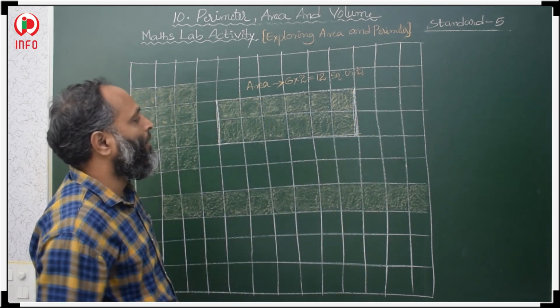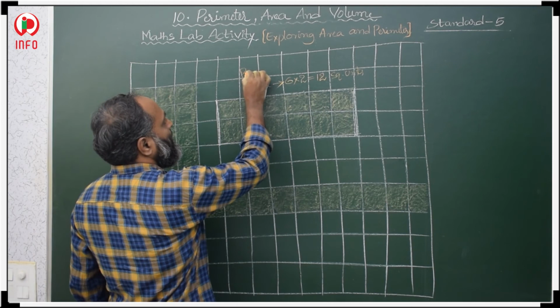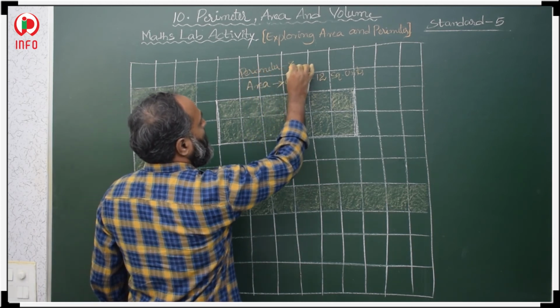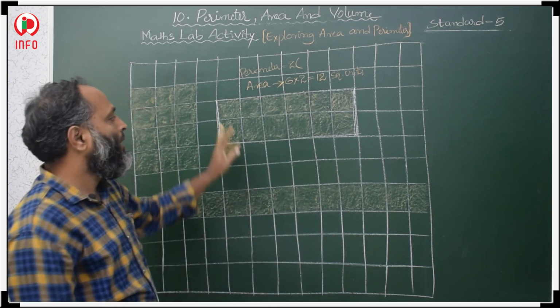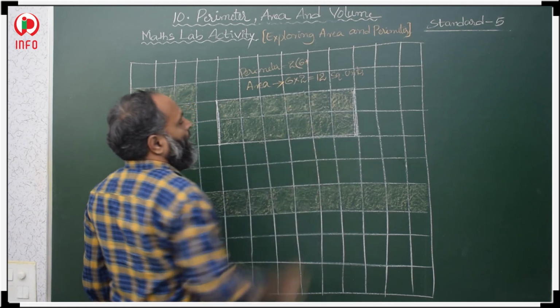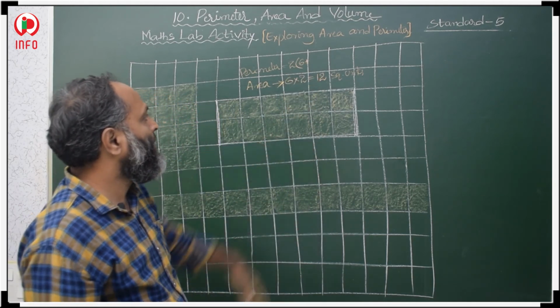Now perimeter. What is the perimeter? How to find perimeter? 2 into length plus breadth. In length, how many boxes do we have? 6 boxes. In breadth, 2 boxes.